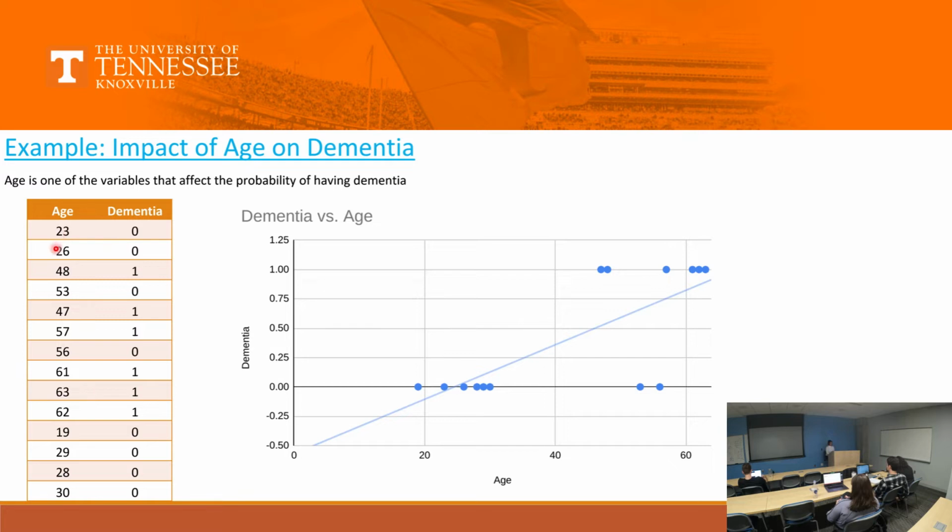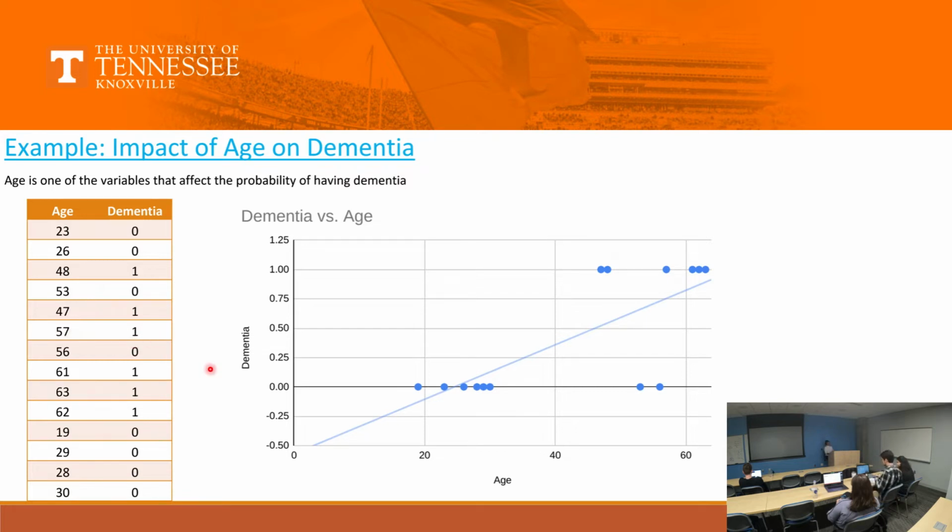Now, in this data set you see that 0 and 1 are the answers given: people with age 23 have no dementia. People with age 48 have dementia. Some people with age 53 don't have dementia, but some people around the same age have dementia.